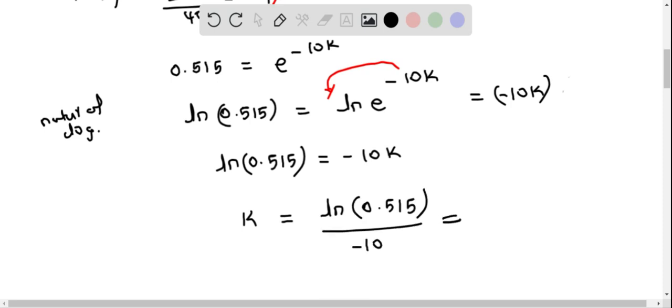When you plug this into the calculator, we get approximately 0.0663588, and it just goes on. So we just keep this number as it is. In fact, we can store this in the calculator's memory, so we will not have to approximate this. So this is the value of k.